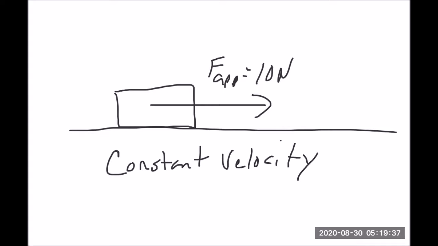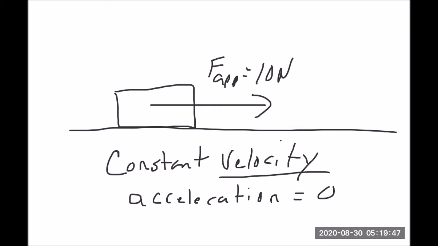Well, if the velocity is constant, that means acceleration equals 0. And if the acceleration equals 0, there are no, this is important, net forces acting on the object. That's no net forces.